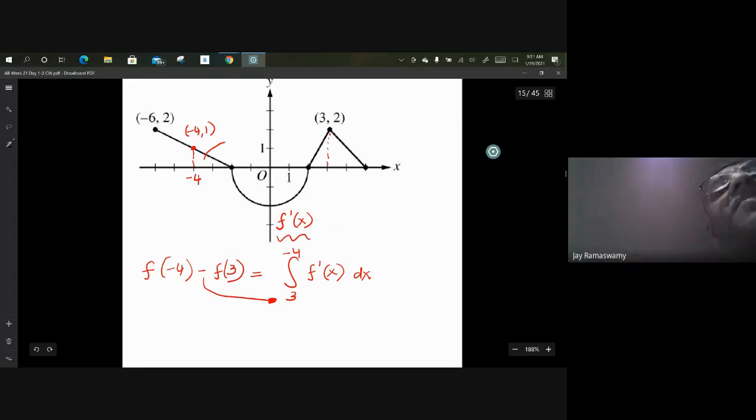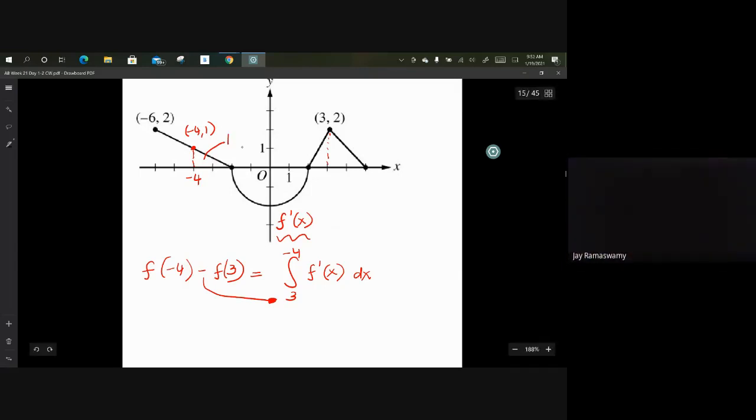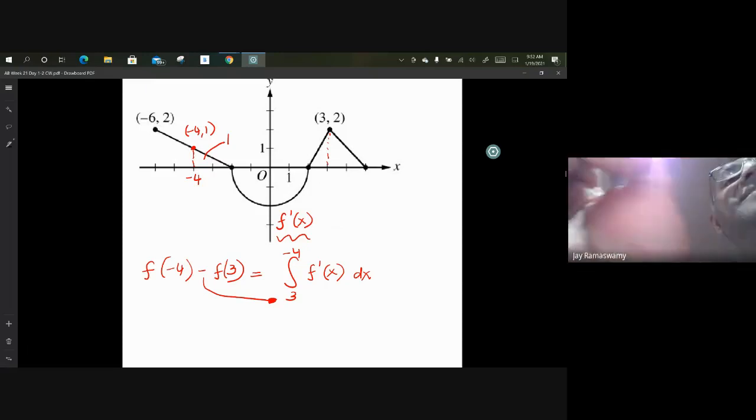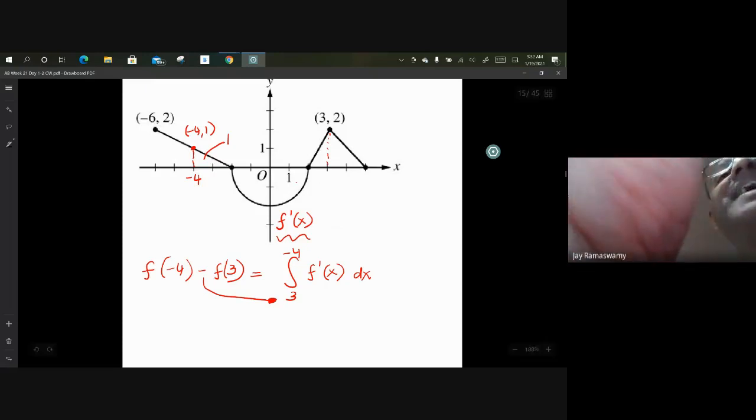So what will that first triangle area be? 1. Base is 2, height is 1. Half base times height is 1. Now that's a semicircle. So hint, semicircle is half a circle. So what's the area of half a circle?